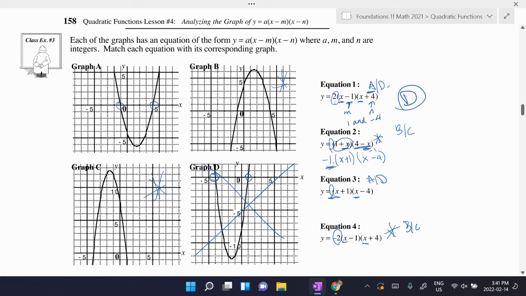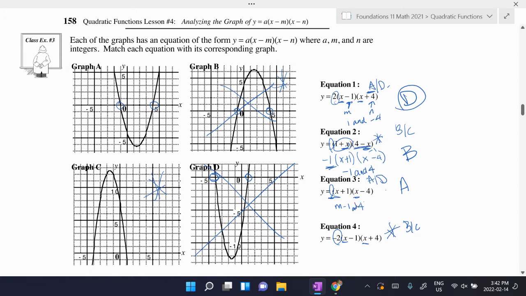So now let's look at this one. Negative 1, so we know it's B or C. I'm going to have M, M is negative 1 and 4. Okay, so let's look at B first. x-intercepts, negative 1 and 4. So it looks like that is B. We've used that one. Now by default, this one will have to be A, but let's check. We have M is negative 1 and N is 4.